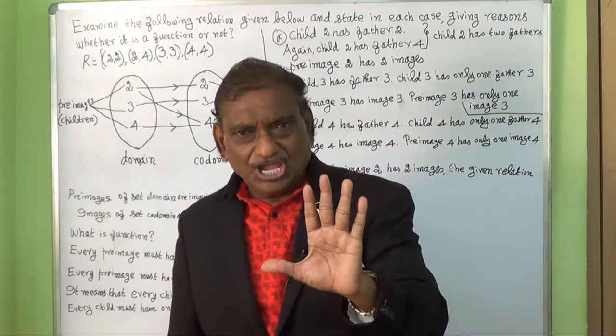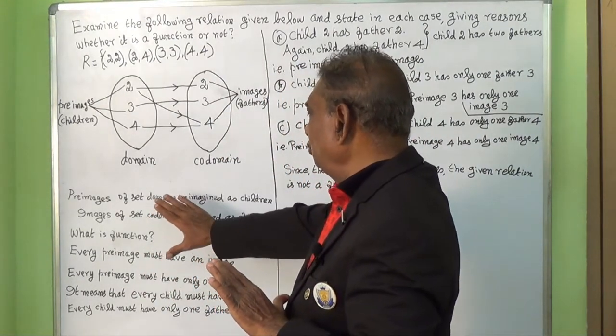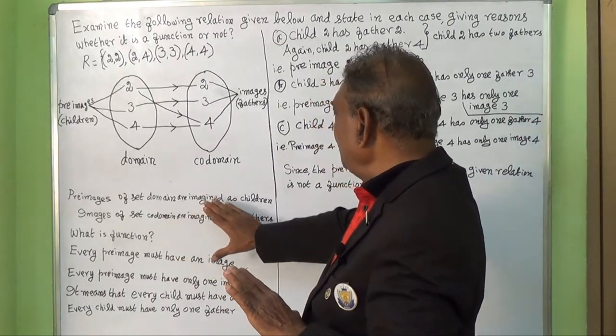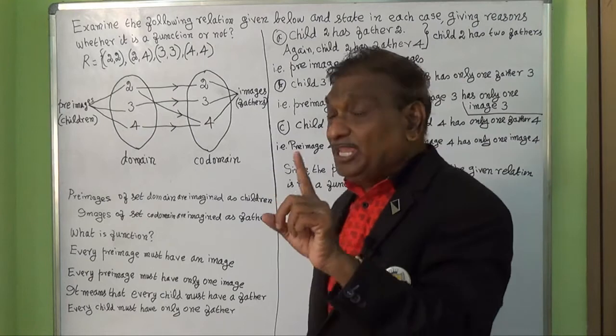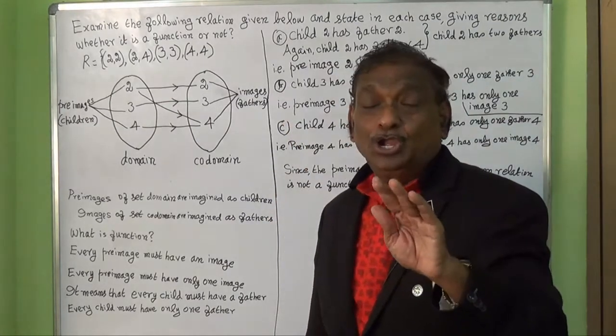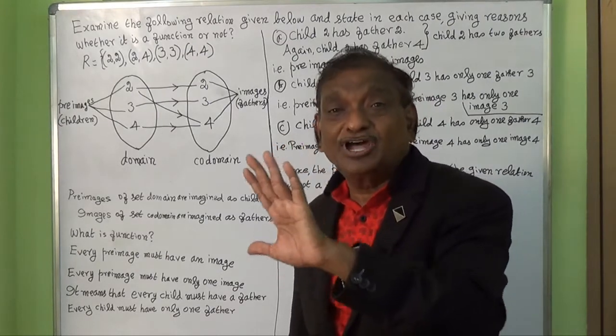That is, all pre-images of the set domain are imagined as children, and the images of the set codomain are imagined as fathers.